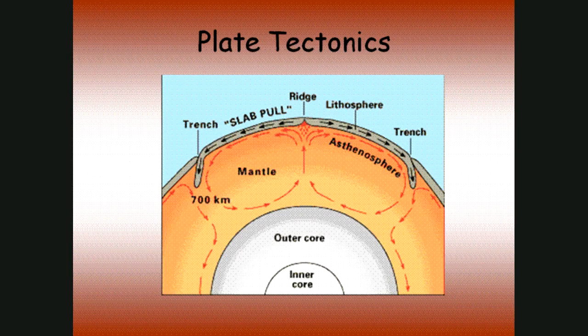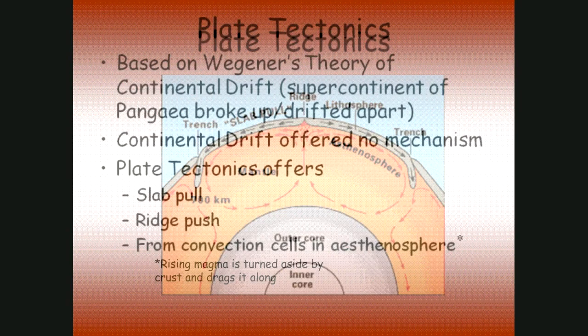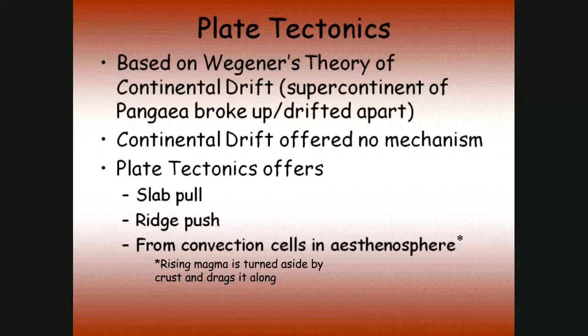Then, as this rising magma reaches the surface where there are two diverging plate boundaries, it pushes its way through between them, forming mid-ocean ridges, and that is the concept that we are familiar with, ridge push.